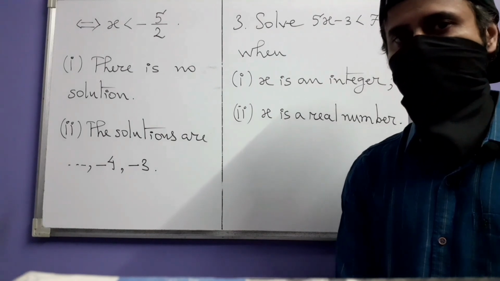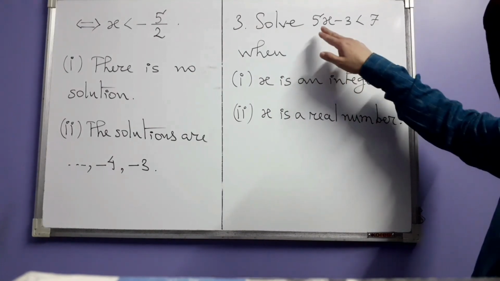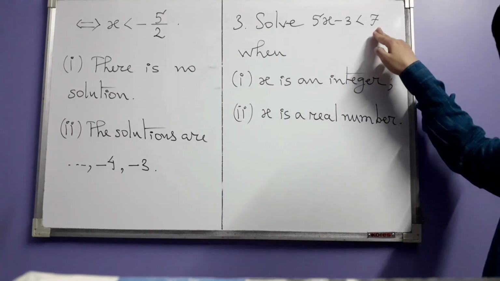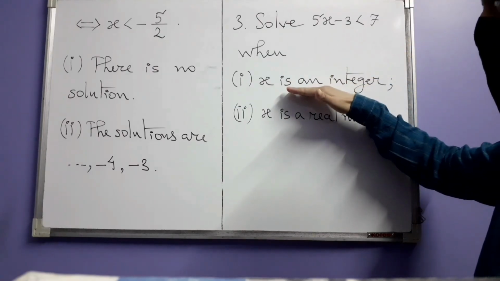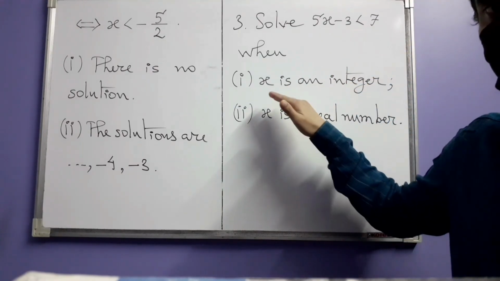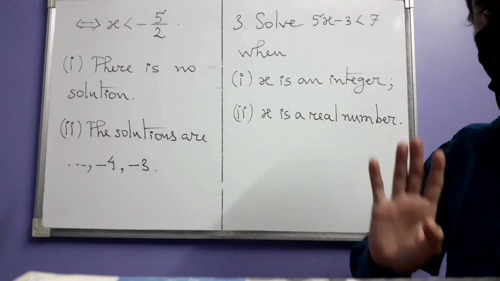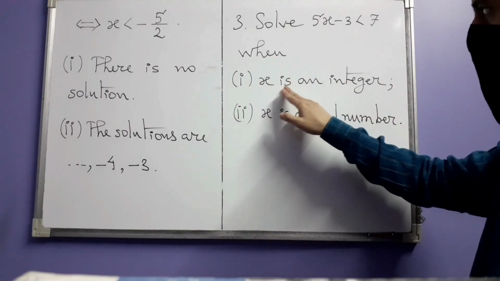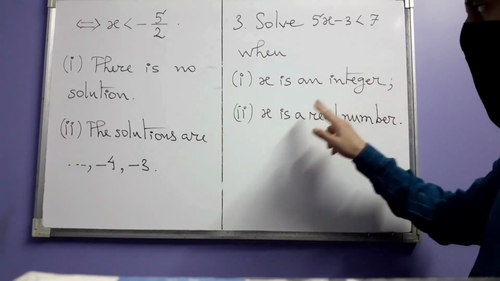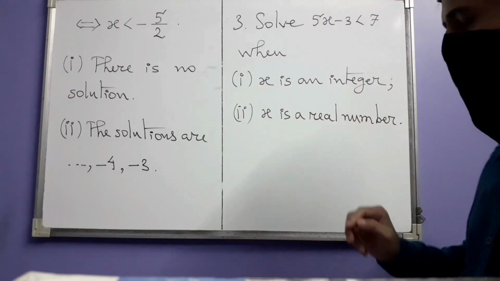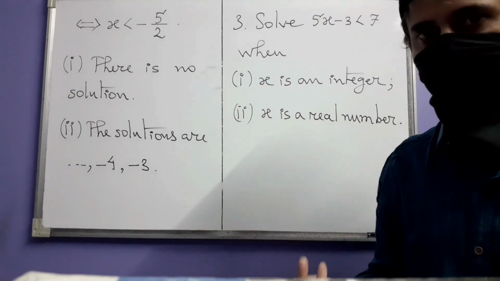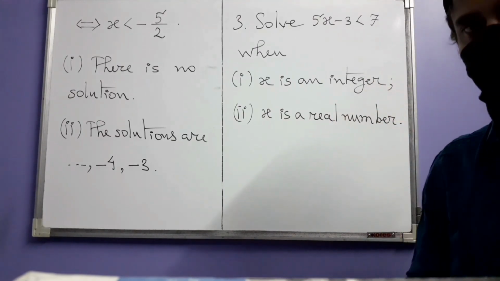So in the next one, number 3, the inequality to solve is 5x minus 3 less than 7. And the conditions are these. In the first one, this time it's different from the previous one. The first one needs x to be an integer, and the second one needs x to be a real number, which actually is no restriction at all, because anyway x is a real number.